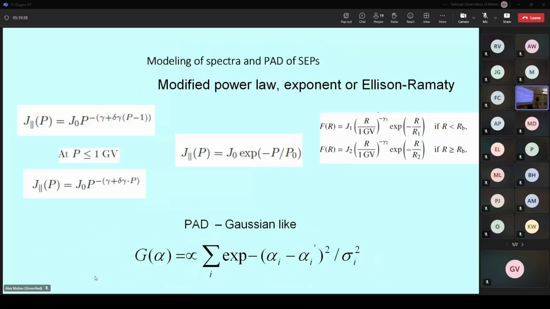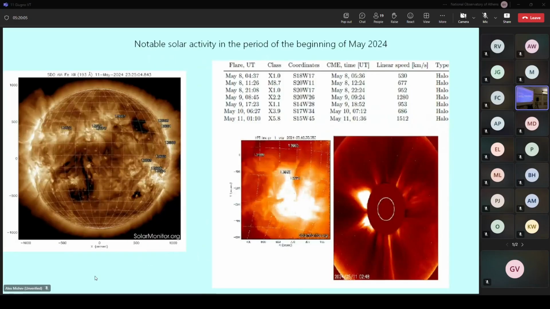Usually, we are making the fit of the angular distribution using a Gaussian fit, and even in the simplest case, we have about 5 unknown parameters, and in the most complicated case, up to 14 unknown parameters, which means that we need about 30 stations to have a good convergence. And let's move to the example.